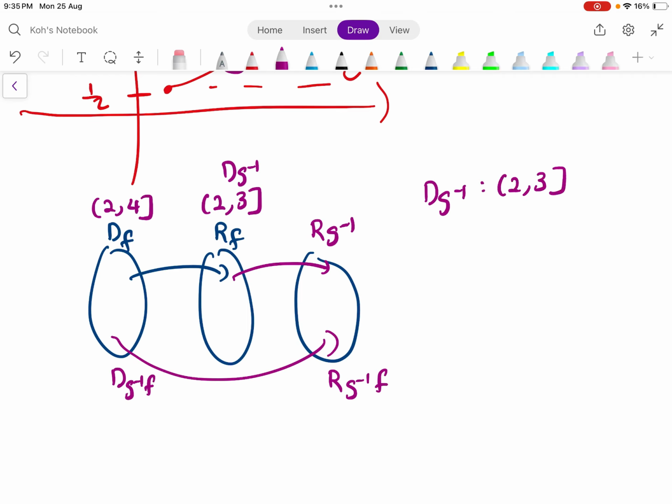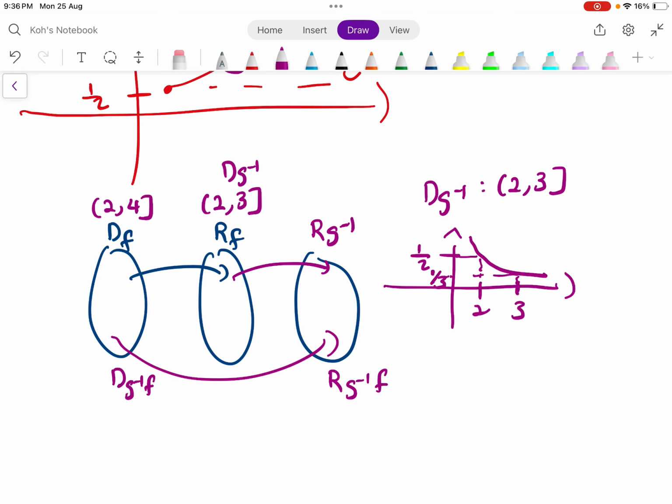Then of course, how do I find my range of G inverse? G inverse is still the 1 over x. So this is your G inverse. This part will be the 2, this part will be the 3. You can see that this part is just half, then this part will be equal to 1 over 3.